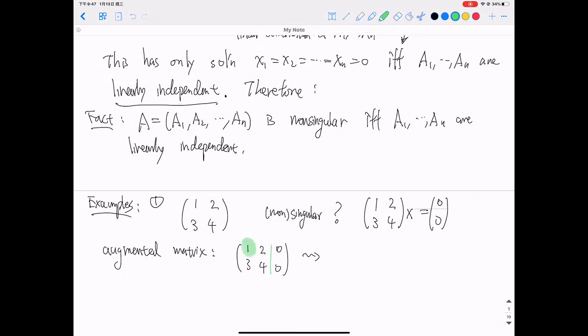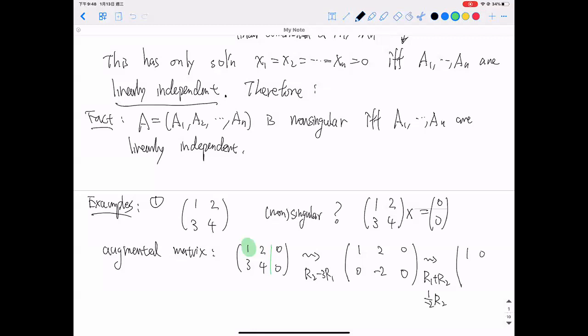And so here the leading one is already there. So we should just do R2 minus 3R1. That'll be 1, 2, 0; 3 minus 3, 0; 4 minus 6, minus 2; this is still 0. Then you can do, say, R1 plus R2 followed by dividing R2 by negative 2.